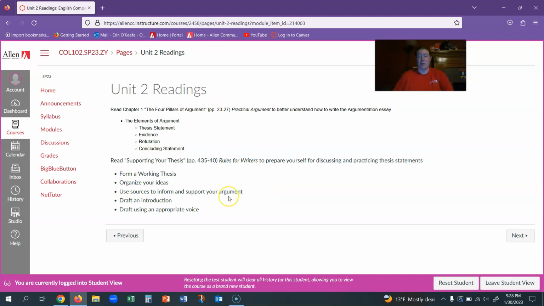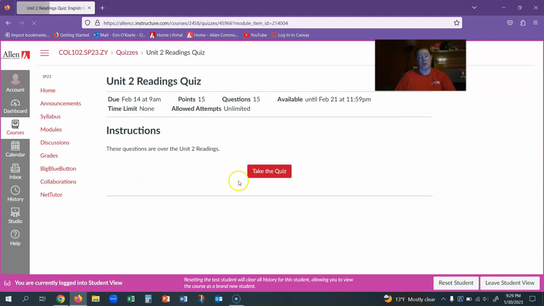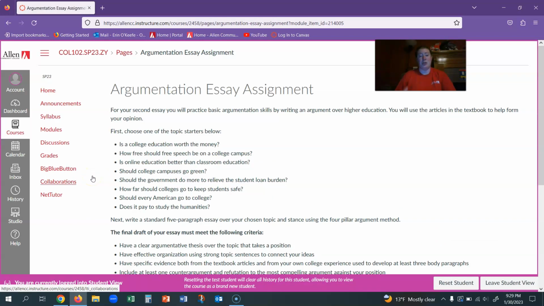Most of this will be review, but it's something that you did not read in Comp 1, and sometimes reading it in a different way from a different book gives you a different perspective and can help you out a little bit. So once you've done those readings, you'll take the quiz, and you should do that before next class if you can.